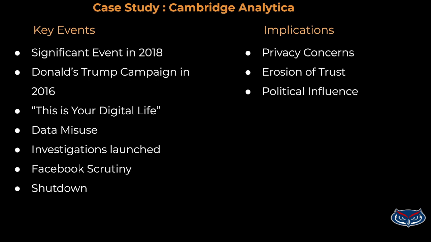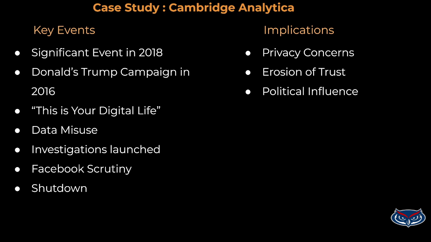This was the same firm which worked on various political campaigns, including Donald Trump's 2016 presidential campaign. This firm obtained personal data from millions of Facebook users through an app called This Is Your Digital Life. This app collected data not only from its users but also from their Facebook friends without their explicit consent.